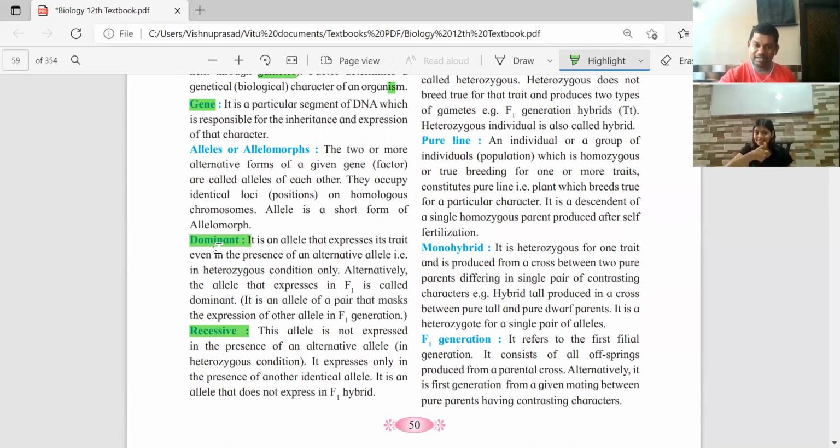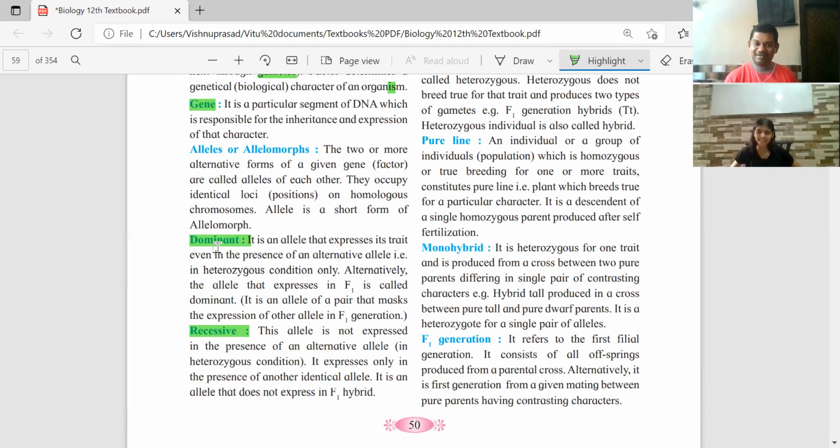And a dominant allele has got a capacity to suppress the effect of another allele, which is called recessive allele. So recessive means what? It is not expressed in the presence of an alternative allele. कि अगर उसके सामने कोई दूसरा डोमिनेंट एलील होगा तो ये शांत बैठेगा, अपना मुंह नहीं खोलेगा.